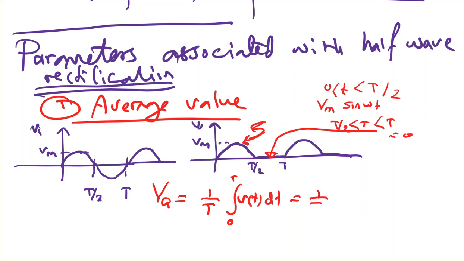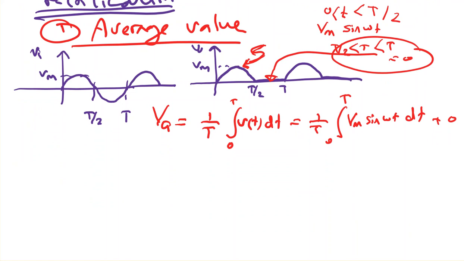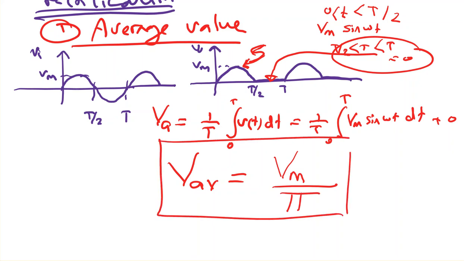It will be 1 over T integration from 0 to T of the function Vm sine omega t dt, plus 0 for the other part because this is 0. If you do that, you will find that the average value for a half-wave rectifier is nothing but the maximum value divided by pi. That's it. You don't need to know anything else. That's all I need you to know.